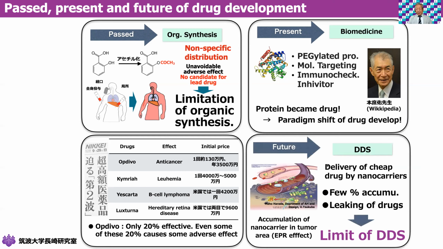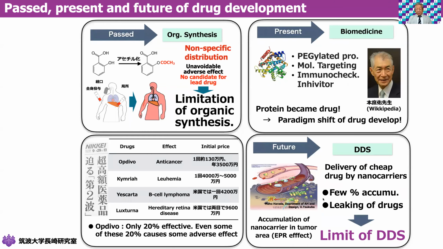We wanted to deliver cheap drug by a high performance nanocarrier. As you know, the EPR effect accumulates nanocarrier into a target site. However, accumulation efficiency is a few percent, which means more than 95% of nanocarrier spreads to other organs.